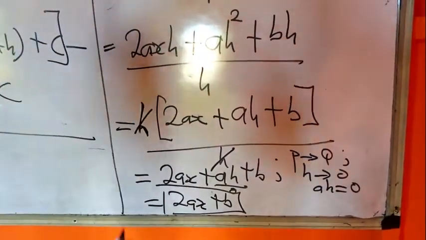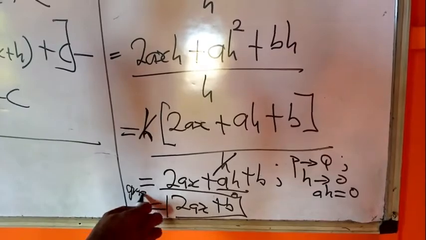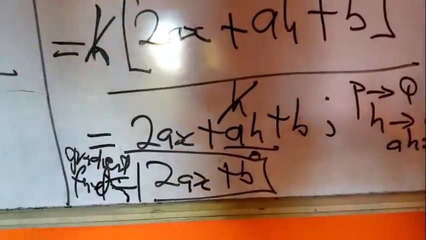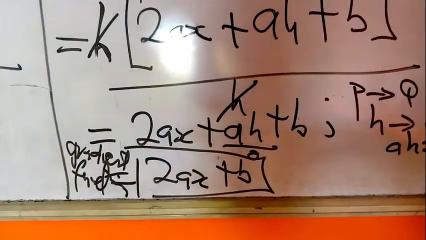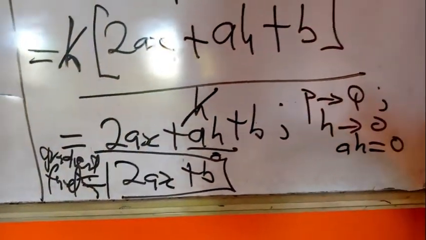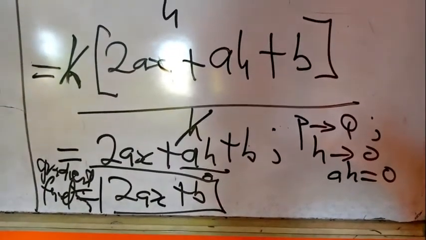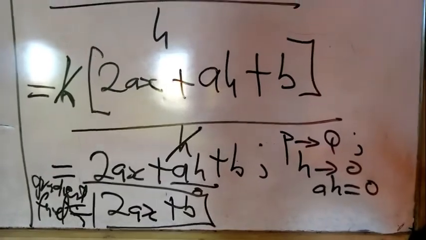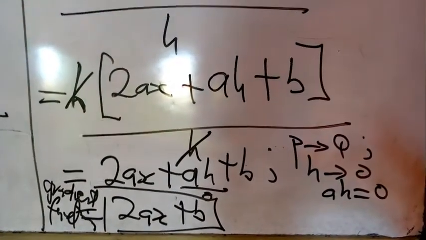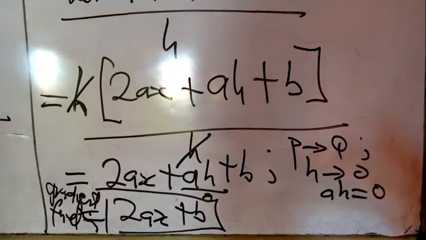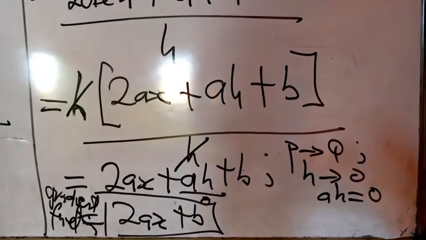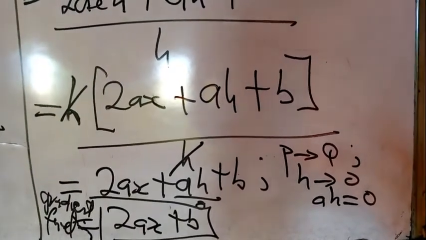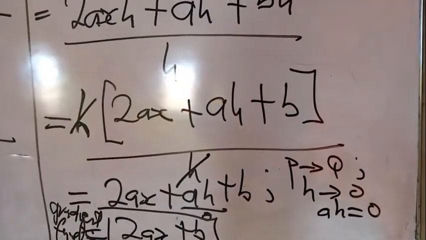So your gradient function for this quadratic equation is simply 2ax plus b. So can you see how we can use the first principle of the gradient function to differentiate the quadratic equation ax squared plus bx plus c, where a, b, c are constants? Thank you. Unit 9. Thank you very much.